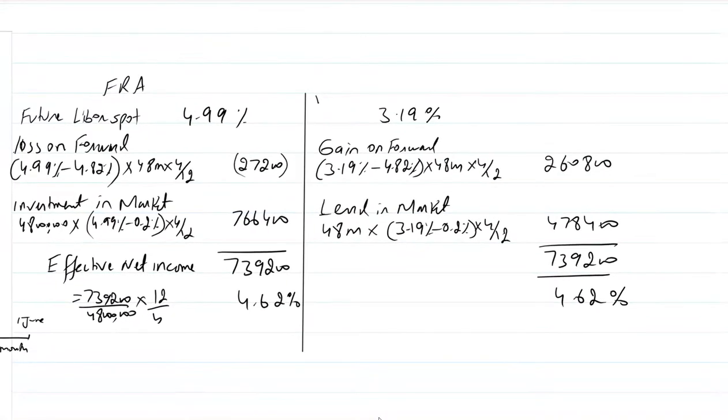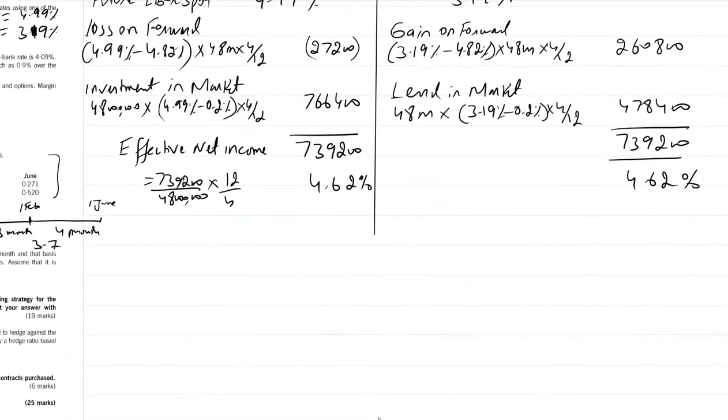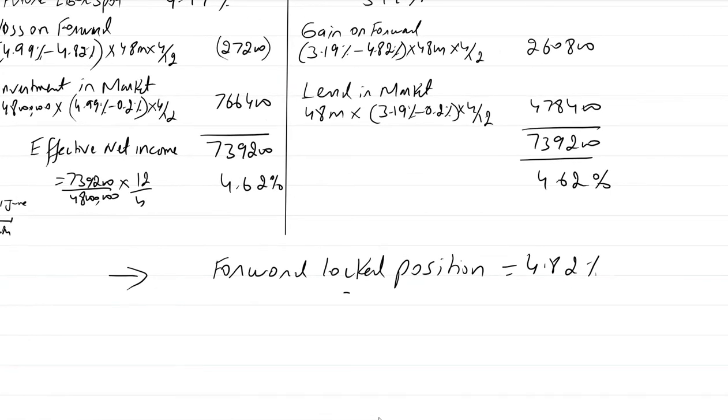So in case of rising interest rate or in case of falling interest rate, your income has been locked at 4.62%. You can even solve this in a very simple way, like this alternative solution. Your forward locked position is 4.82%, and the spread is only 0.2%.